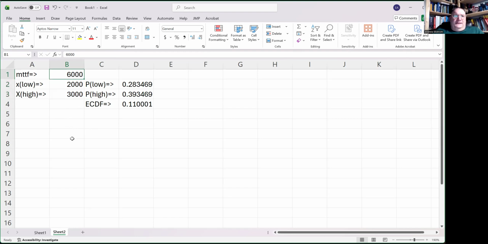We could consider 6,000 the number of seconds that something's going to last if we get potentially in a chemical reaction or nuclear reaction or something like that, and how much of it's going to be gone between 2,000 and 3,000 seconds, that type of thing.